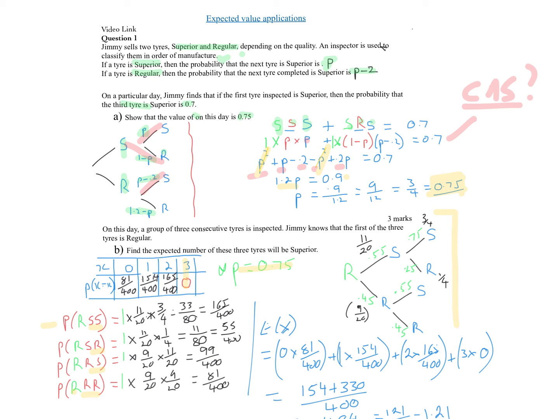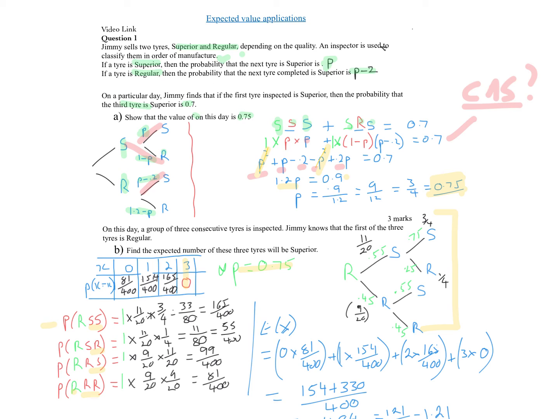To work that out, let's come over to the right and have a look at a probability table. Since I know that P is 0.75, R to S is P minus 0.2, so 0.75 minus 0.2, which is 0.55.